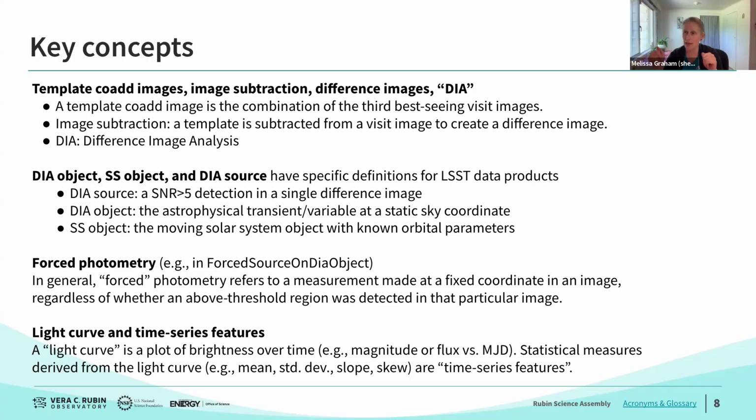For example, we have a table called ForcedSourceOnDiaObject. For every sky coordinate where we have seen a transient or variable object, so for every DIA object, we go back through every difference image and every visit image and do forced photometry to measure the flux at that location at that time, to build up a forced photometry light curve.